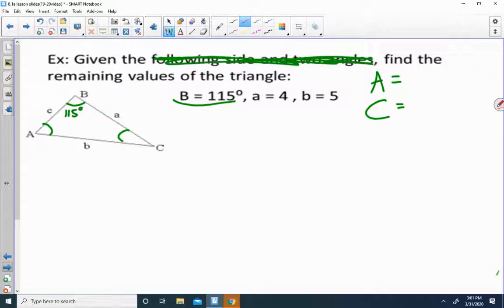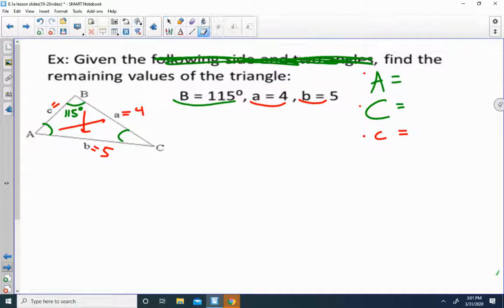And then in terms of the sides, we're given two of them. We're given the opposite side of angle A, which is little a, which is 4. And then the opposite side of big B, which is little b, which is going to be 5. And then all we're missing is little c. So those are the three parts that we are going to solve for. And real quick, let's see if we have a pair.